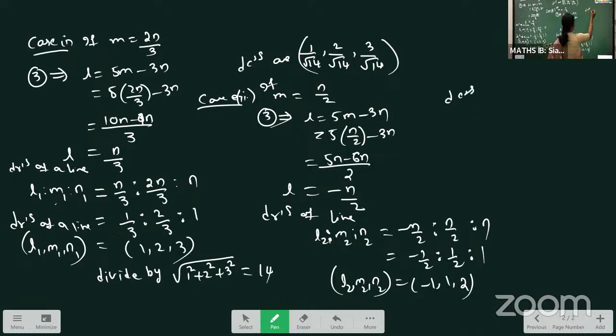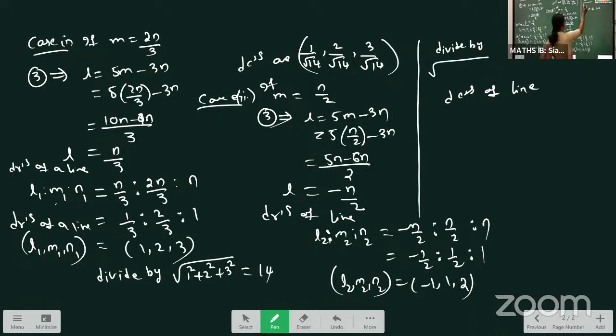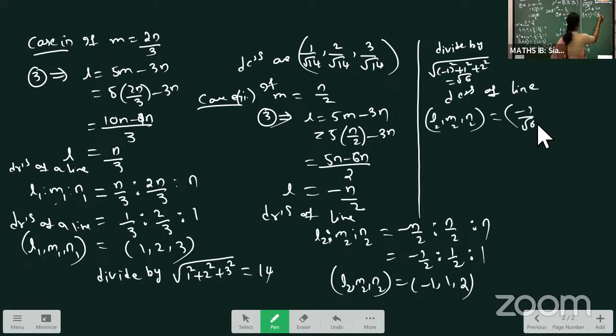Therefore, to find the DCs of the line, divide by under root of minus 1 square plus 1 square plus 2 square. How much is it? Under root of 6. Therefore, the DCs of the line, l2, m2, n2, are: l2 is minus 1 by root 6, m2 is 1 by root 6 and n2 is 2 by root 6.